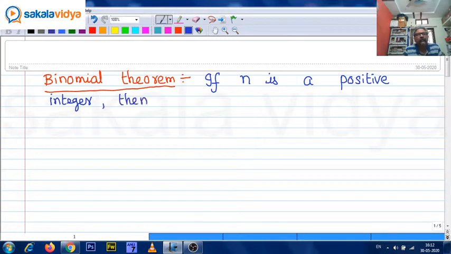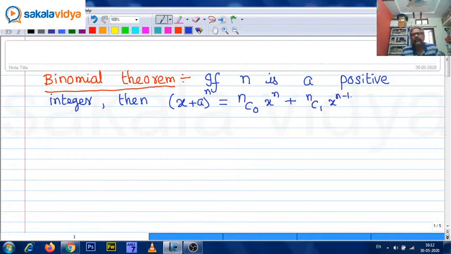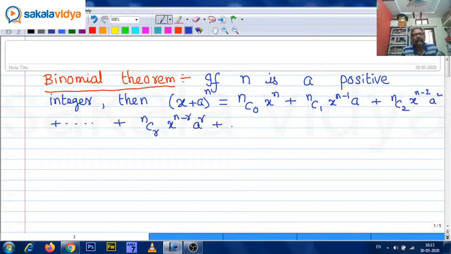Then (x plus a) whole to the power of n equals, first we can write nC0 x to the power of n plus nC1 x to the power of n minus 1 a plus nC2 x to the power of n minus 2 a square plus so on, plus nCr x to the power of n minus r a power r plus so on, plus nCn a to the power of n.